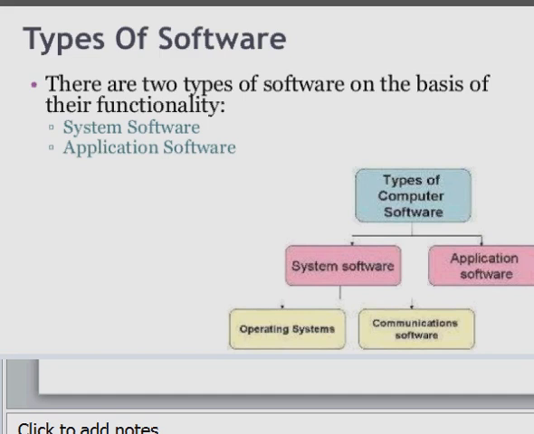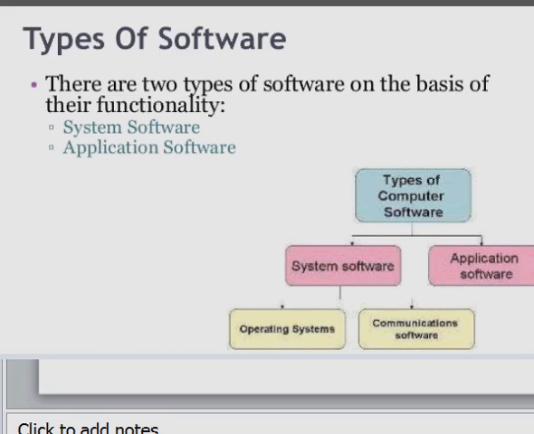If you see the word system software, it means such software which is used only by the system, meaning the computer itself. We do not interfere in the working of such software.